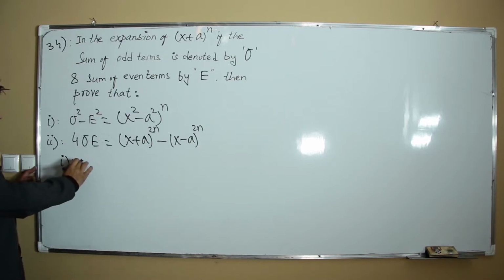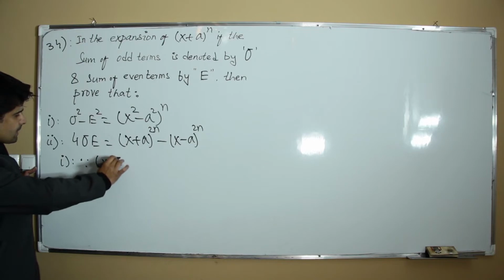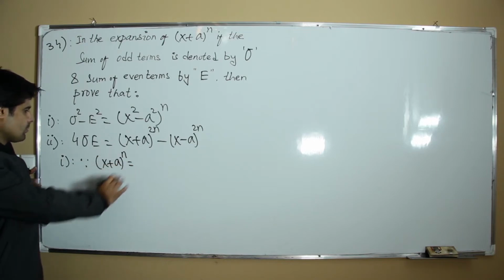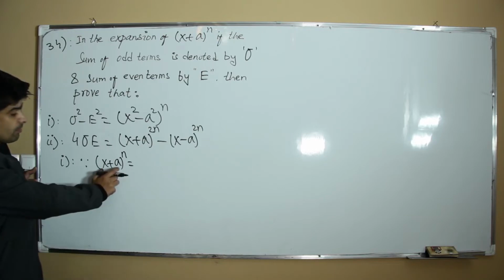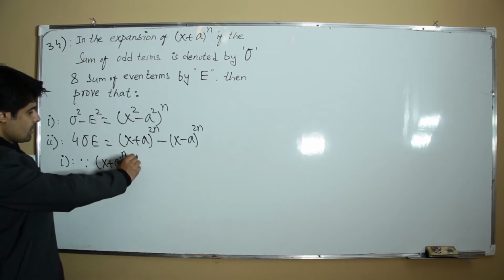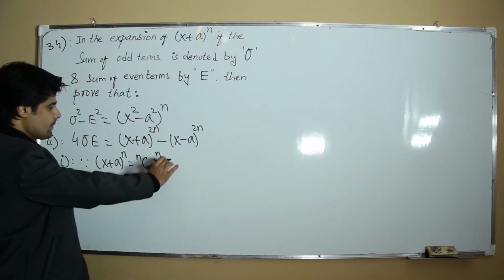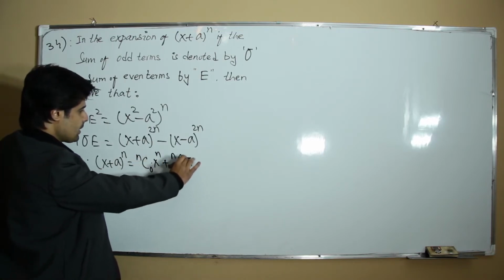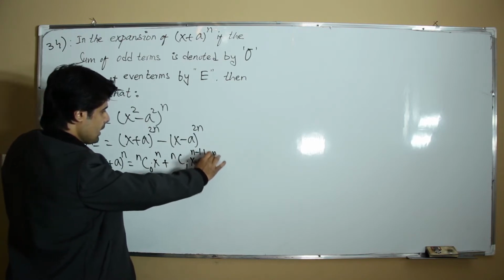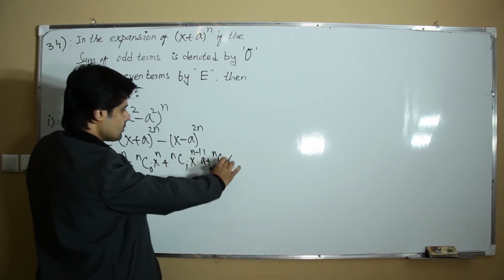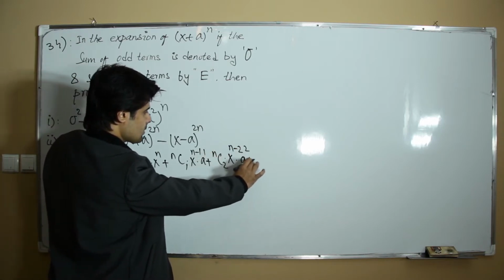First, one thing that we know is, if we talk about x plus a raised to the power n, now what is the expansion for this binomial expansion? It is nC0 x to the power n plus nC1 x to the power n minus 1 times a to the power 1, nC2 x to the power n minus 2 a square plus dot dot dot.